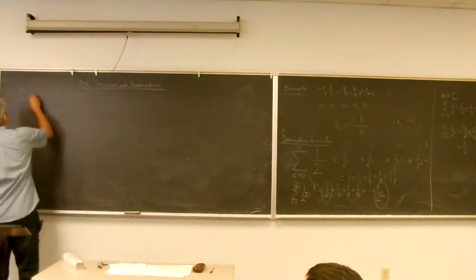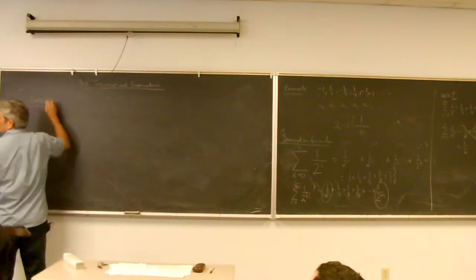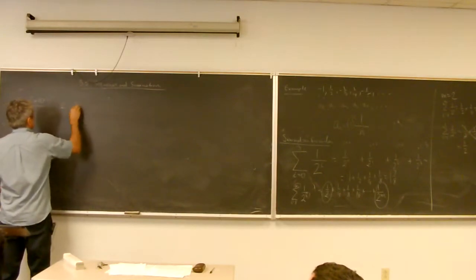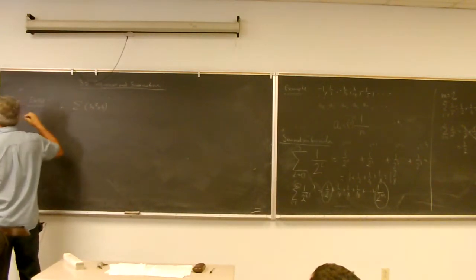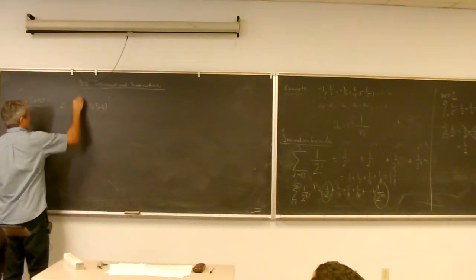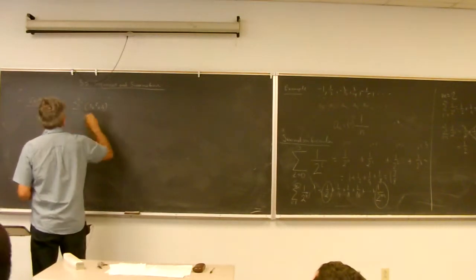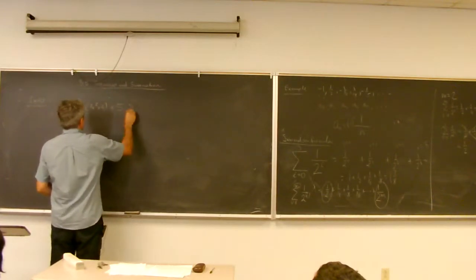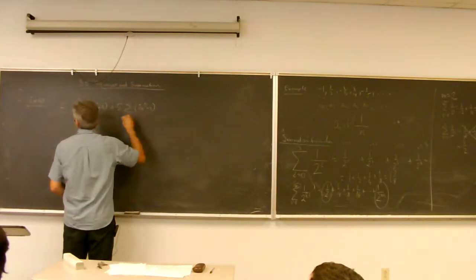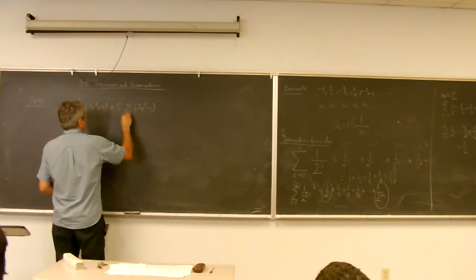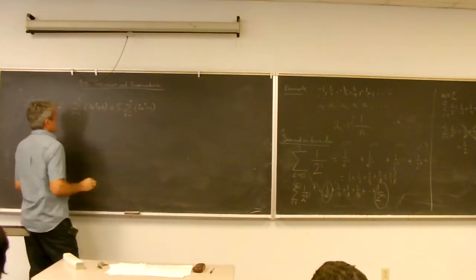Example 10. If I have two sums, the sum of 3k squared plus 4, k goes 1 to n, plus 5 times the sum of 2k squared minus 1, when k goes 1 to n.